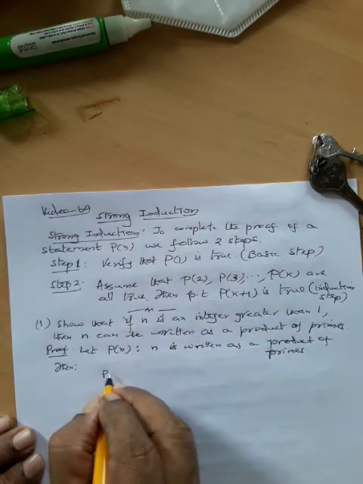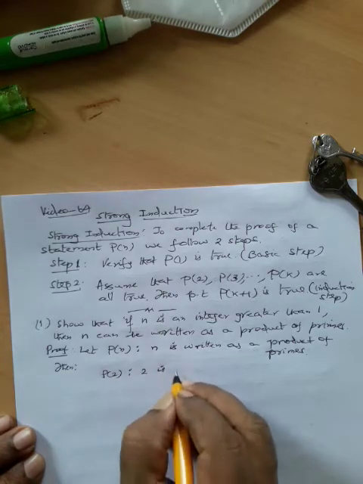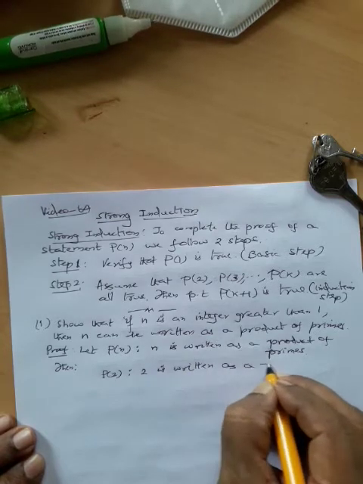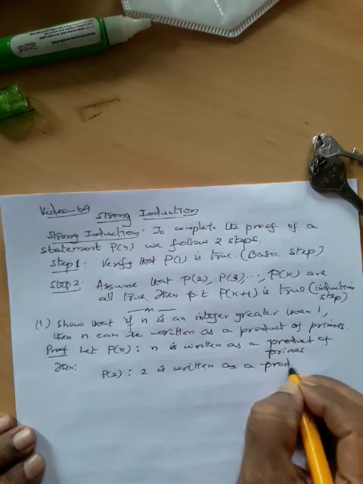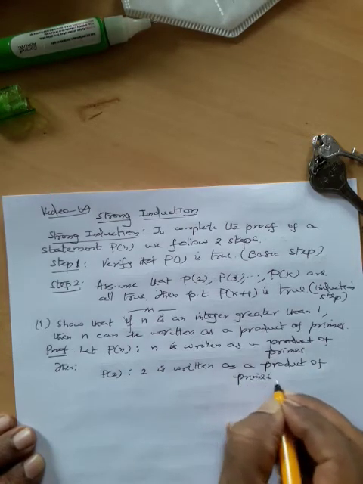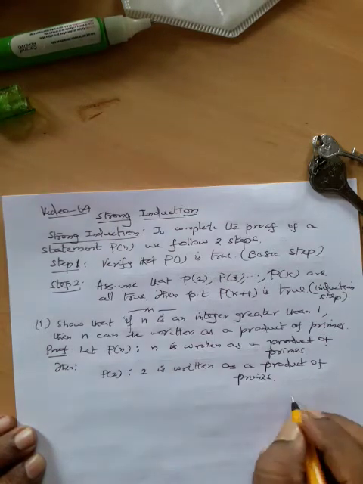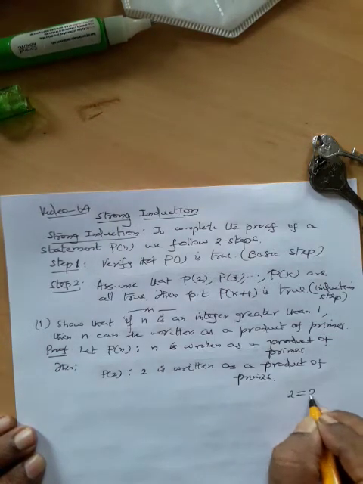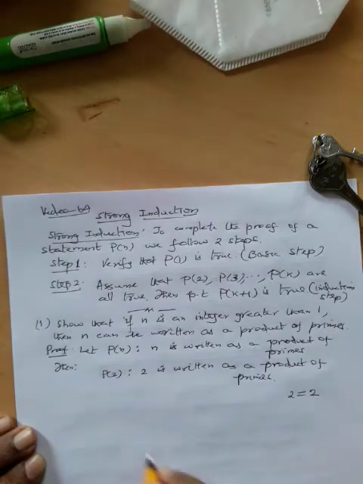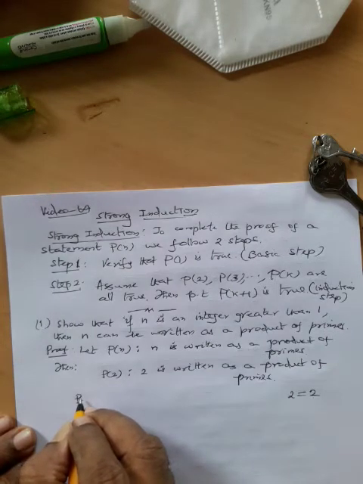So P of 2 is written as a product of primes. This is obviously true. 2 is equal to 2. A single term can be considered as a product. So 2 is equal to 2. So this is true.